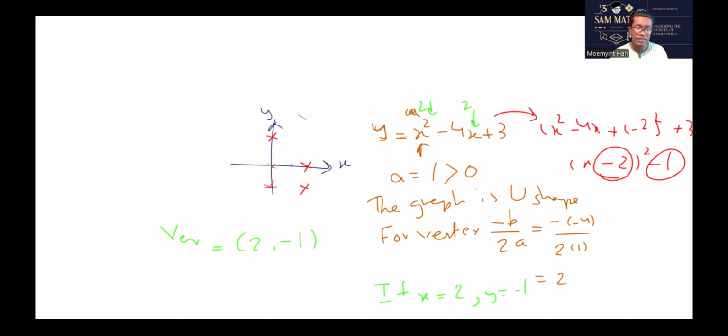The line of symmetry is at the vertex, particularly. The line of symmetry equation is x equal to 2. This is where the line of symmetry is. So we have the y-intersection over here.